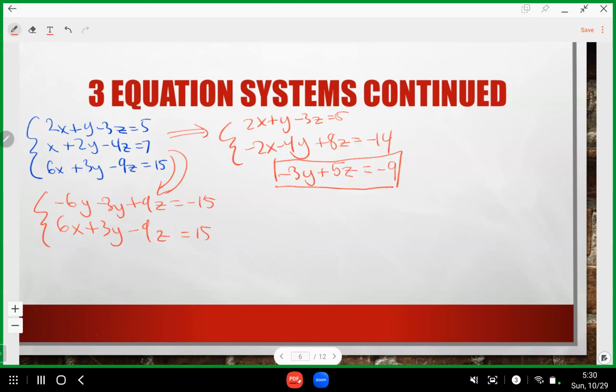And these two cancel out. 0 is equal to 0. Wait, so wouldn't this be impossible? No, I think this one might be infinite solutions. Yeah, I think this is going to be infinite solutions. So let's see what we get here.